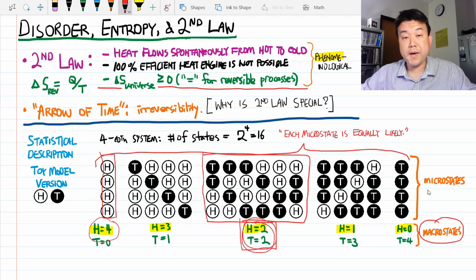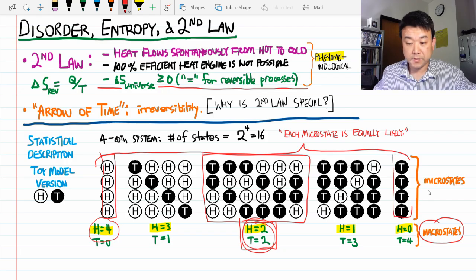If you go through the math, what you will quickly find is that as the number of particles increases, this disparity becomes much more extreme. So here, with only 4 coins, the even distribution is only 6 times more likely than all heads or all tails possibility.